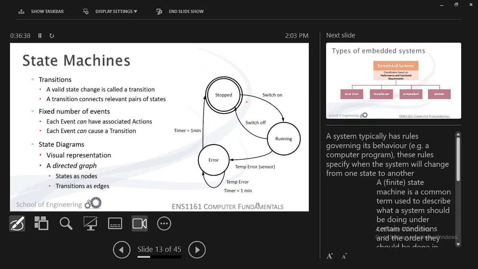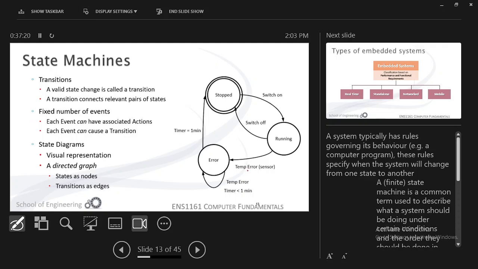Initially, the switch is off and it is in the stop state. When you switch on, it comes to a running state, which gives the power to this device. Then after a while I switch it off, and the device is no longer working. It runs throughout. This is the normal situation, nearly 99.9999 whatever percent, where continuous operation happens.